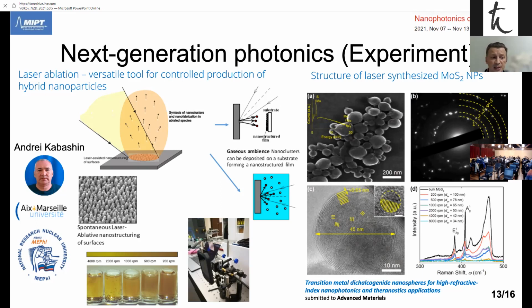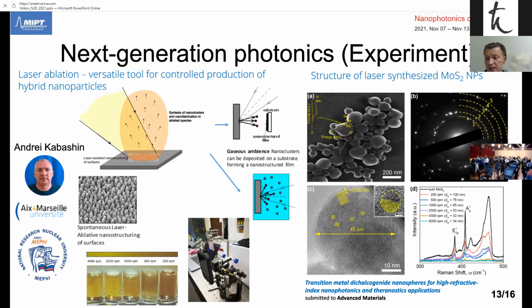It's interesting that the technique was known for a long time, but only in the beginning of, I would say, the 1990s did it start to be used for the nanofabrication of some colloidal structures. Nevertheless, we used this approach.